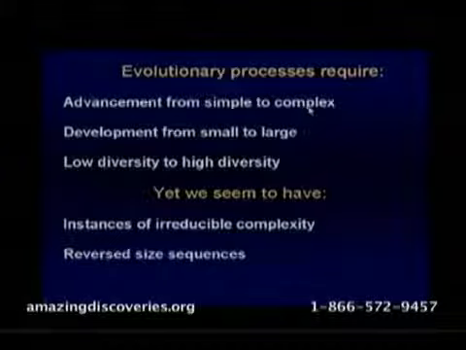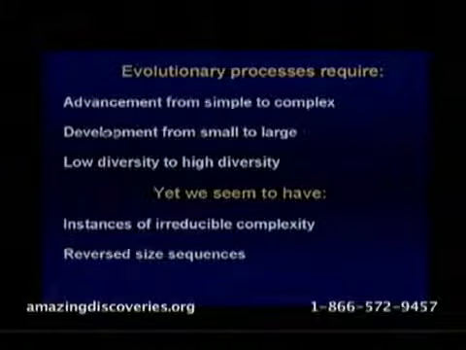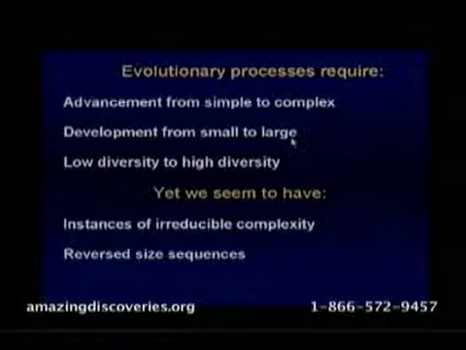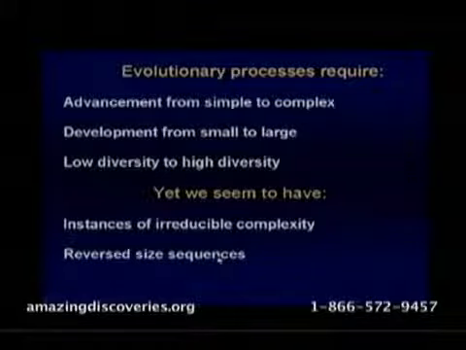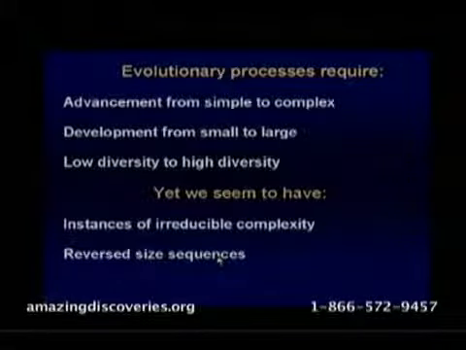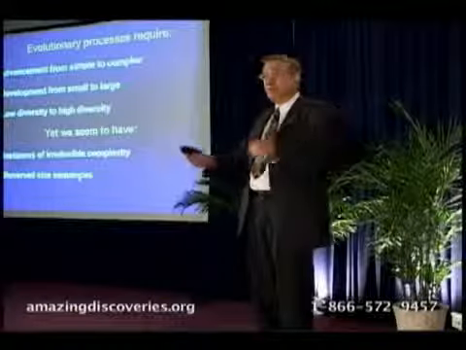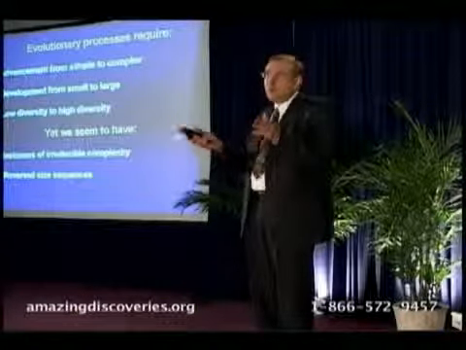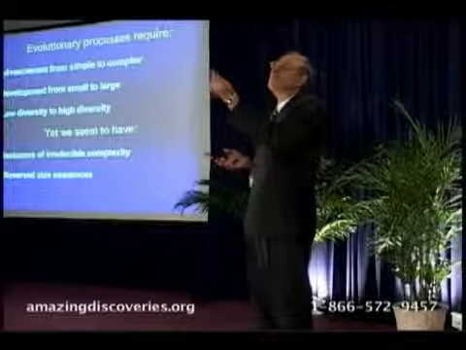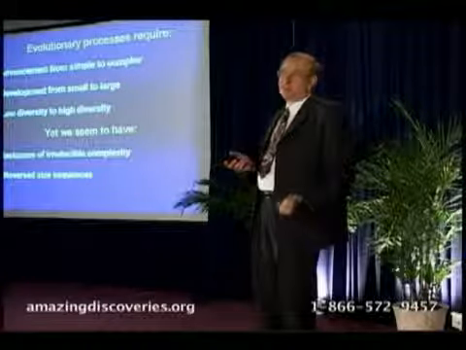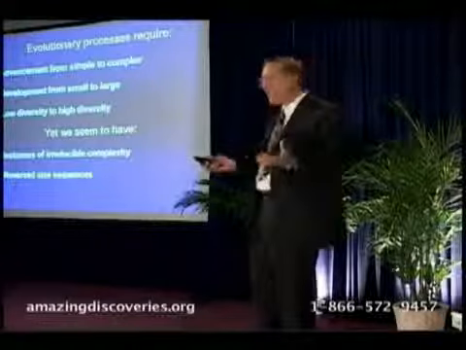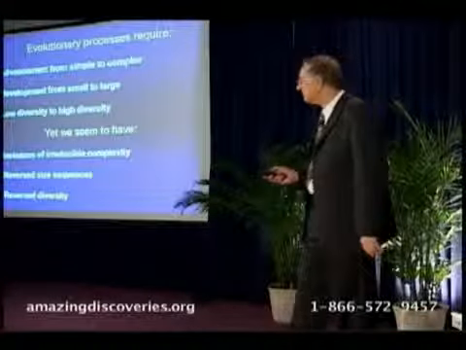Everything was always complex. Do we have small to large? No. If we go into the past history, everything was bigger and larger and more magnificent than it is today. Today we have but a fraction of what used to exist in terms of size and in terms of diversity.